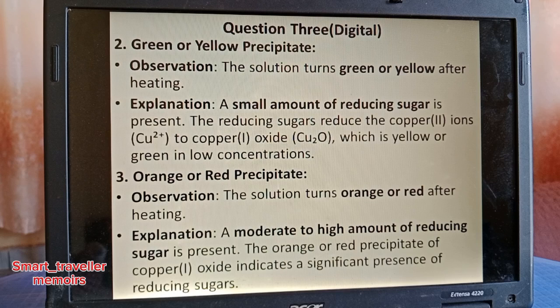Orange or red precipitate. The solution turns orange or red after heating. Explanation: a moderate to high amount of reducing sugar is present. The orange or red precipitate of copper 1 oxide indicates a significant presence of reducing sugars.